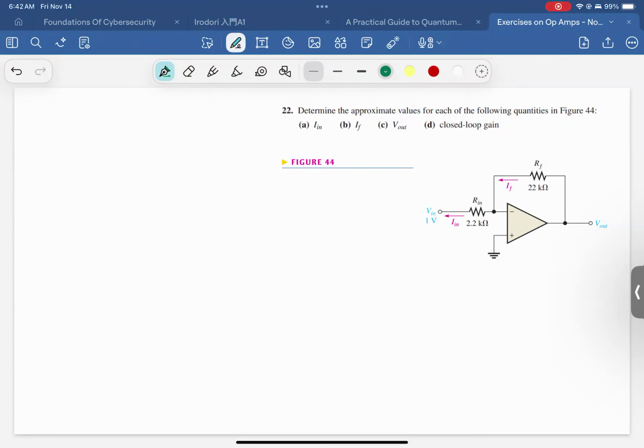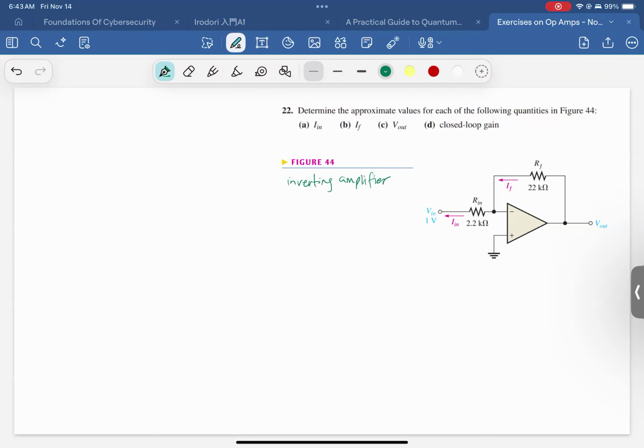So this is an inverting amplifier. Sa problem na to, pinapahanap yung input resistance, yung feedback resistance, and yung output voltage. And yung closed loop gain.